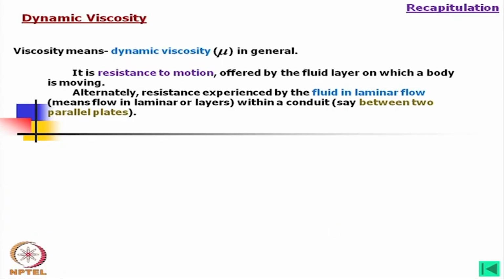Otherwise, there will be variation in performance and we cannot fulfill our requirements. So, this is an important factor. A resistance experienced by the fluid in laminar flow, meaning flow in laminae or layers within a conduit, say between two parallel plates.